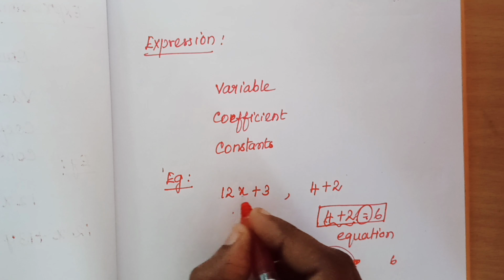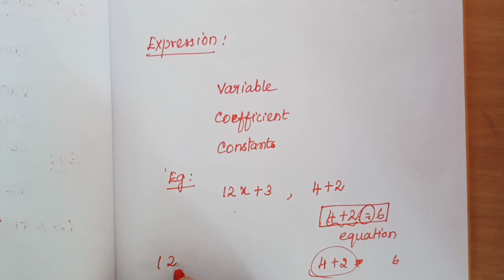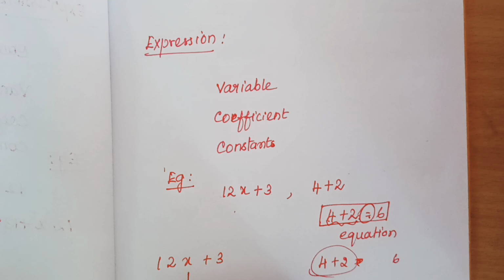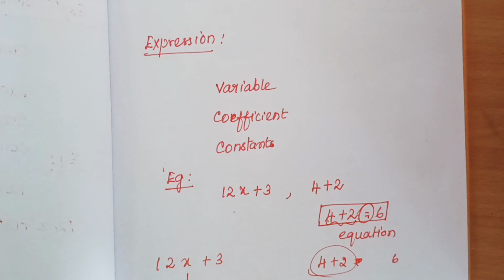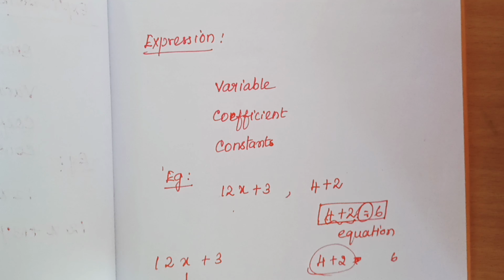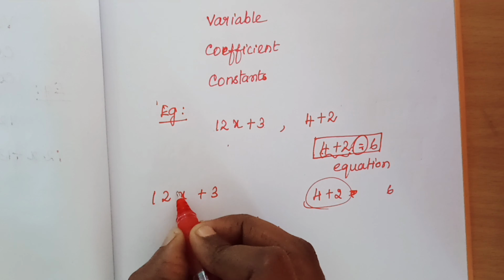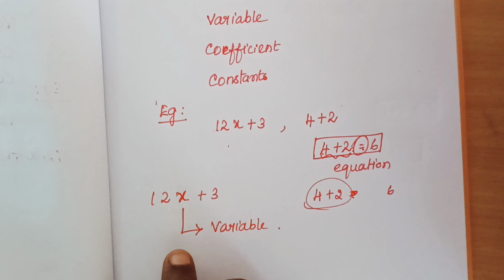Listen here. This is 12x plus 3. This x is called a variable. A variable is nothing but an alphabetic letter. You all know A to Z. Is x also an alphabetic letter? Yes, alphabetic letters only.